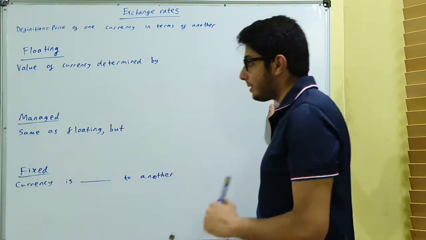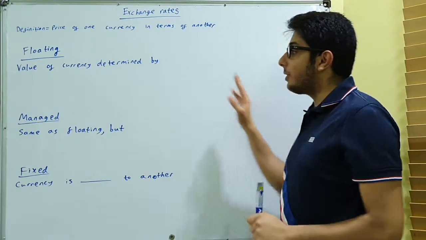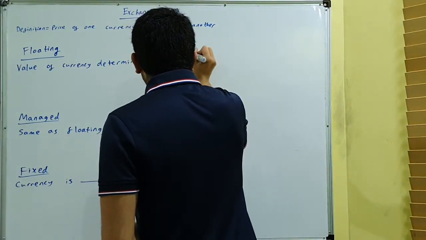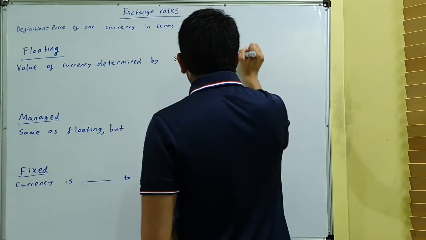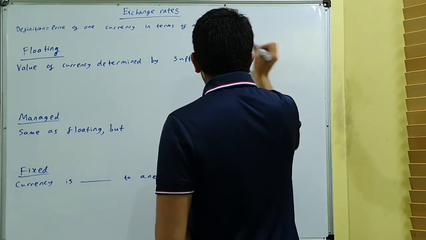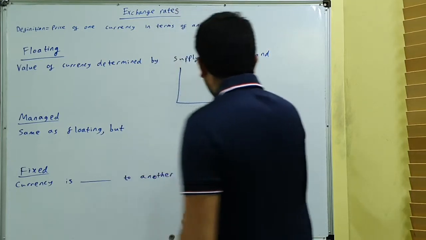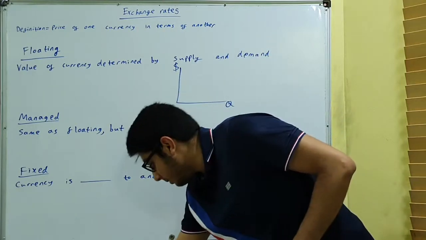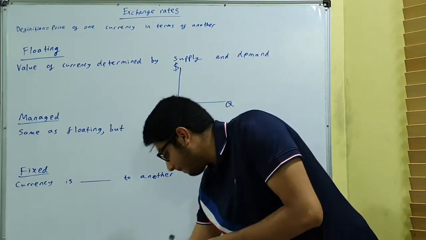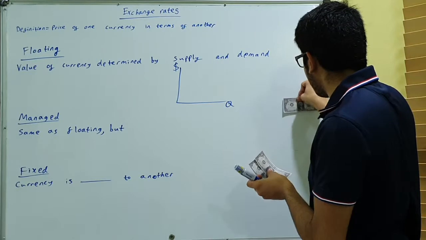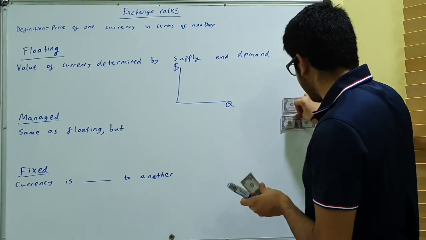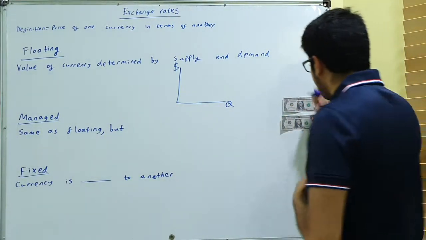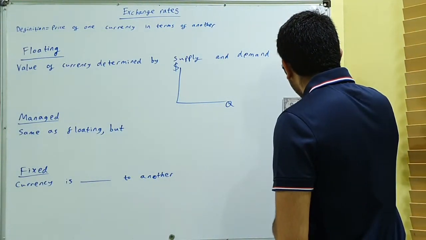Floating exchange rates means that the value of the currency is determined by supply and demand. Okay, so if the supply of the dollar on the foreign exchange market, let's say that's how many dollars there are on the foreign exchange market.